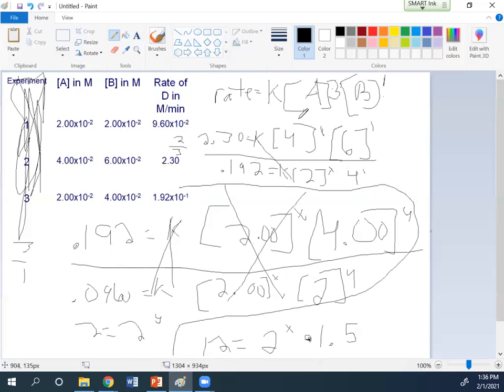Yes. So you would do 2.30 is the rate equals k times 4.00 to the third power. In that part, you'd have to worry about the times 10 to the negative 2. We didn't have to here because they canceled out. But you could just solve it. Yes, ma'am. Can we use the first one?